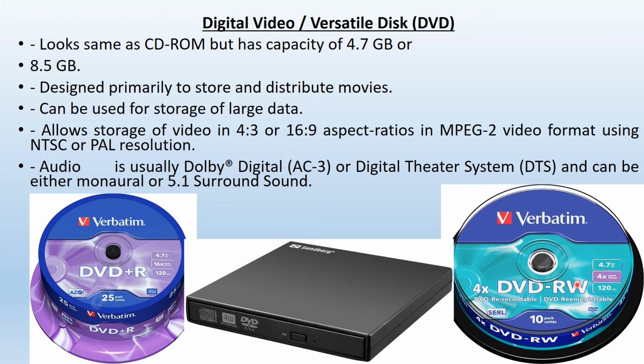For example, let's say somebody tells you, I have a movie on a USB, and if you want it, you can buy a DVD-RW and burn the movie over here. You watch the movie, and after a while you get tired of it, you can delete the movie, or record the next movie over here. So you can delete the data in this one and record new data over here.